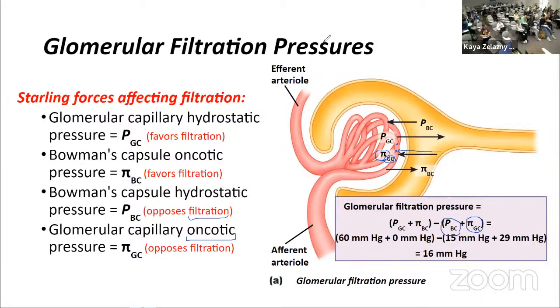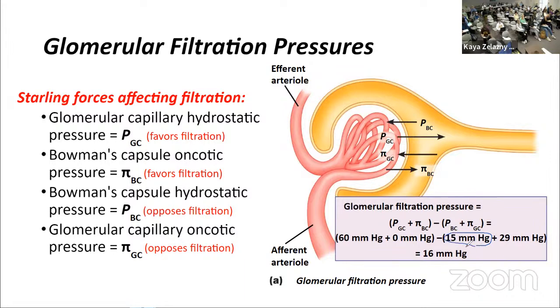Okay. And for these, we will expect there to be a value for each of them. Okay. So there is fluid in Bowman's capsule. So we do have a hydrostatic pressure in the capsule. There shouldn't be proteins there. So its oncotic pressure was hopefully 0, but there is fluid. That's the whole point of the kidneys, is that we did take fluid out. Okay, so under typical conditions, it's about 15.